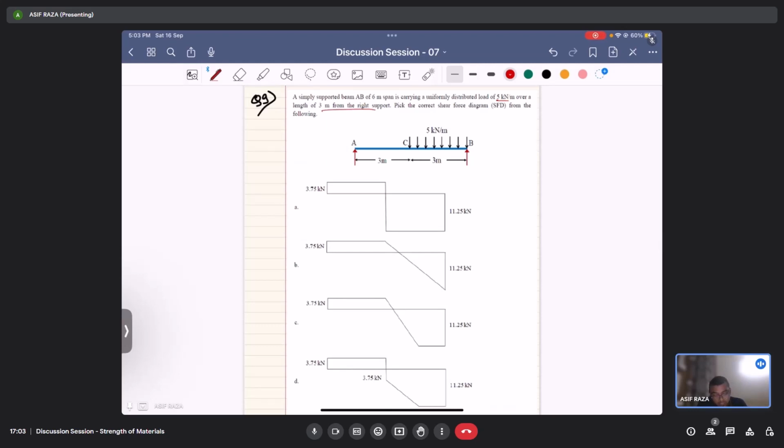So if you see, we can directly see that the reaction RA would be equal to 3.75 kilonewton, and reaction RB would be equal to 11.25 kilonewton. Now, if I draw the shear force diagram from the right hand side, RB is equal to 11.25 and 5 kilonewton per meter, that UDL would act opposite to this.